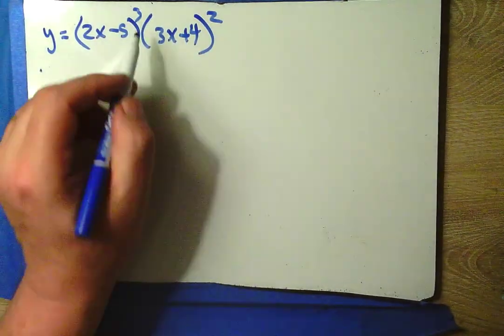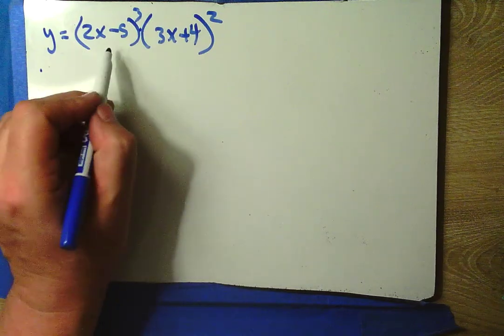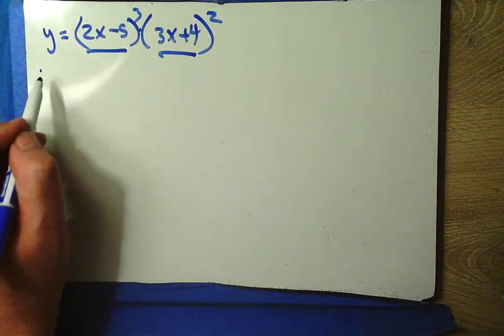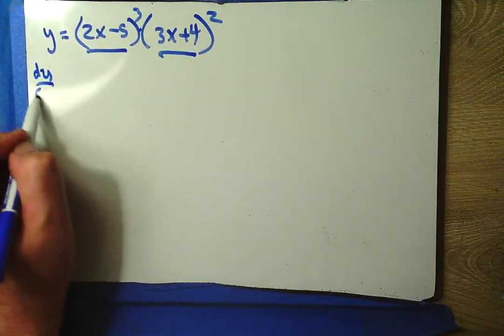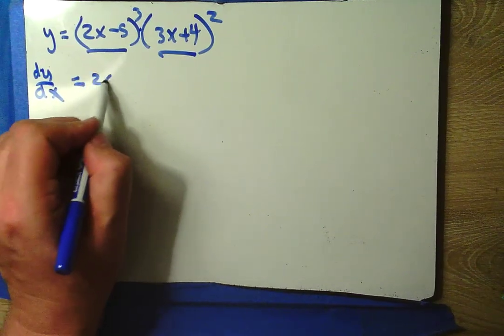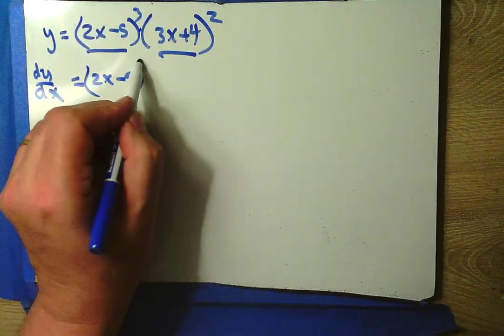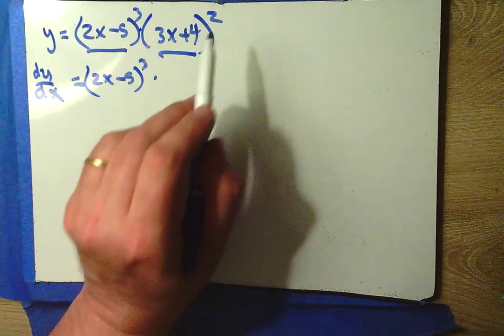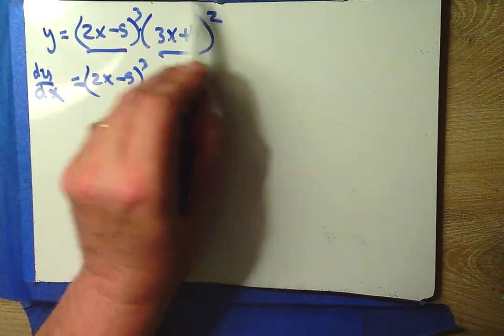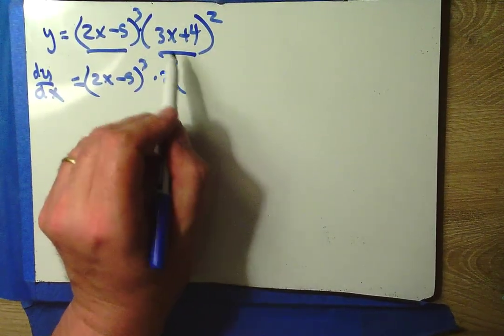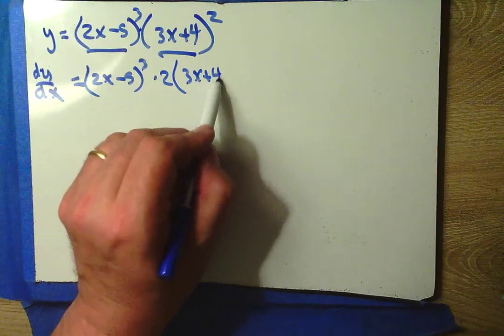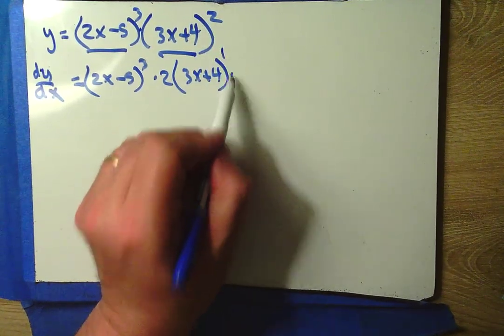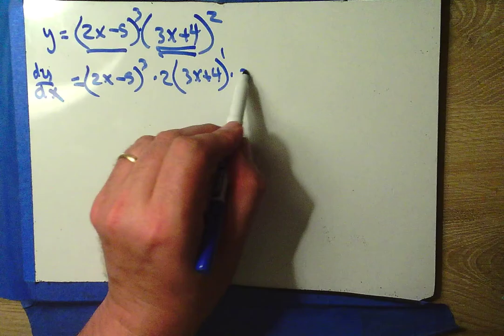So I'm going to be thinking product rule when I do this. This times the derivative of that. dy/dx equals this times the derivative of that. Well, the derivative of that requires chain rule. I have to bring down the 2, leave the inside alone, subtract 1, times the derivative of the inside function.